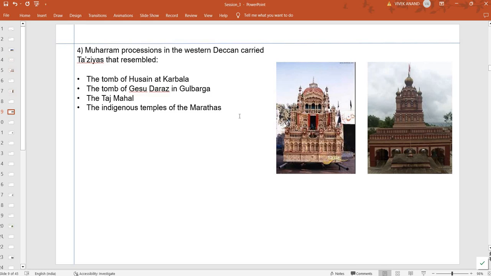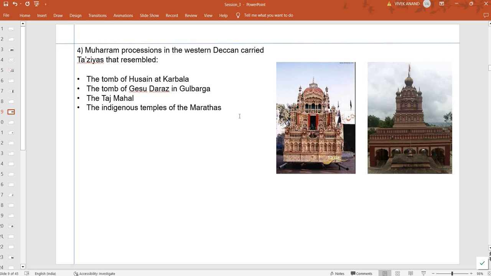Okay, so in those tazias, if you have not seen different kinds of tazias, you won't be able to differentiate between them. But if you compare the tazias of Western Deccan with the tazias of UP and Bihar and nearby regions, you will find influence of local architecture. But the basic body of that tazia is influenced by Western Deccan.